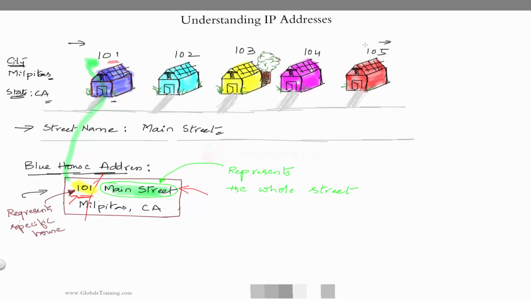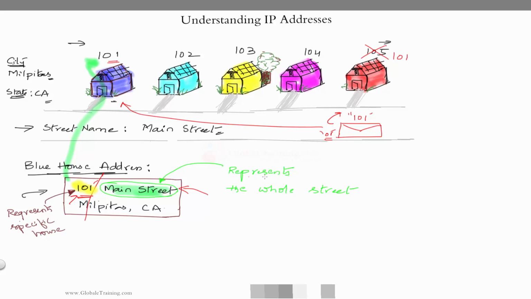Let's say instead of 105, this is also 101. Now, what happens if you ever get a mail for the house 101 on the street? How does the mailman know where to deliver this packet? Here, or is it going here? No idea, right? That's a confusion.